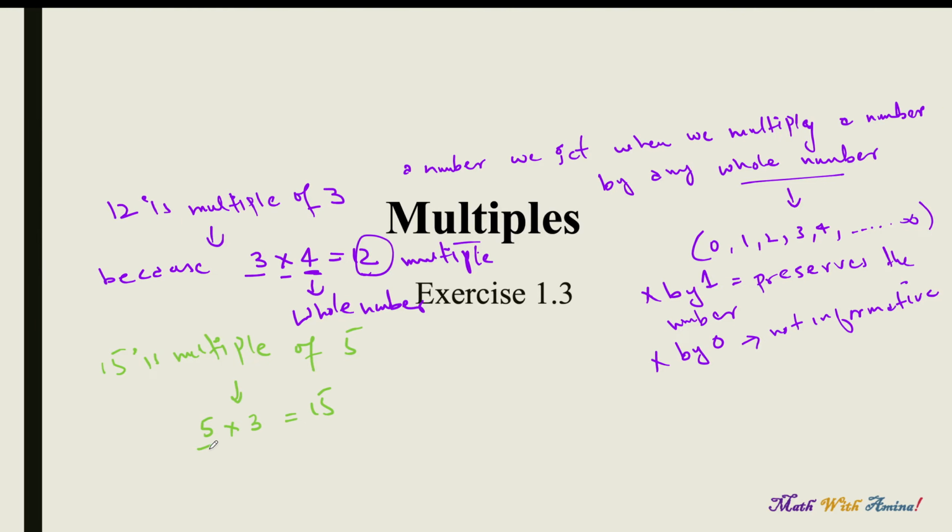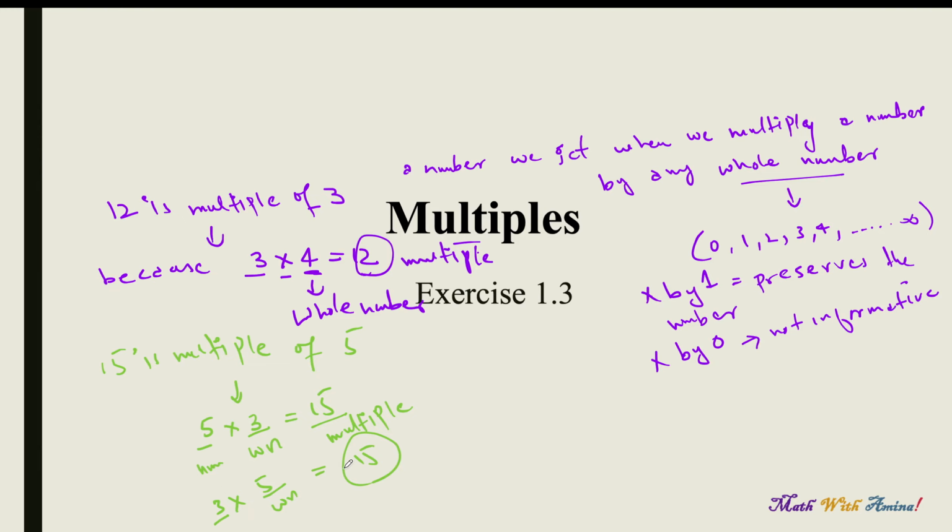So this 5 is the number, this 3 is the whole number that is multiplied by the number, and this is the multiple. Or we can say that 15 is a multiple of 3, because we also have 3 multiplied by 5. So in here 3 becomes that number and 5 becomes the whole number, and again 15 is the multiple.